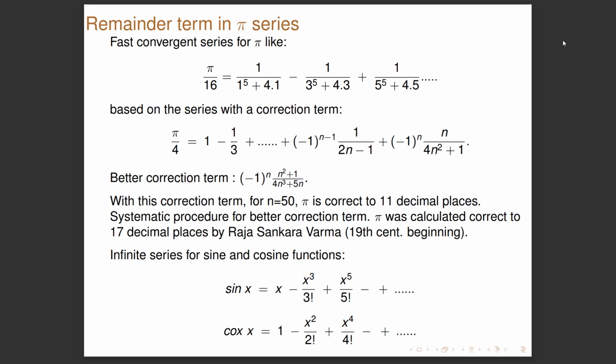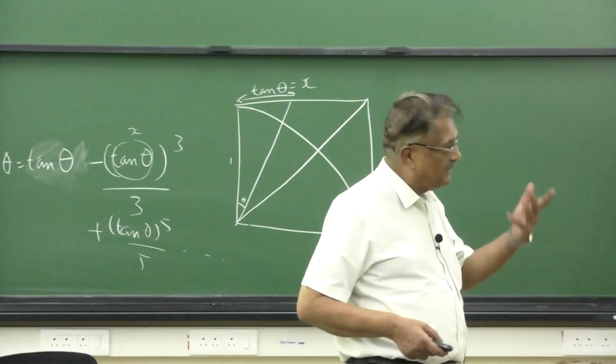So, with this correction term, and they prove it also, there is a method of proving. In Yukti Bhasha, there is a method, how do you get this correction term? So, this error correction analysis is very much there in Yukti Bhasha. In fact, we went through it in detail. There is a lot of confusion for decades, a lot of people said, how exactly was the correction term known. But we saw that it is there in the text itself.